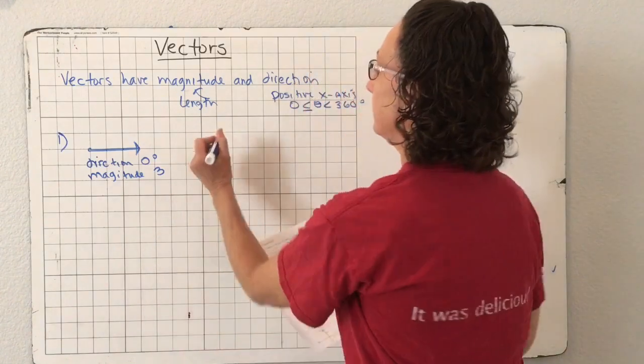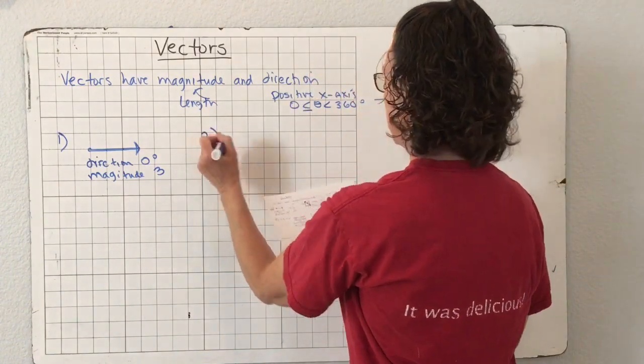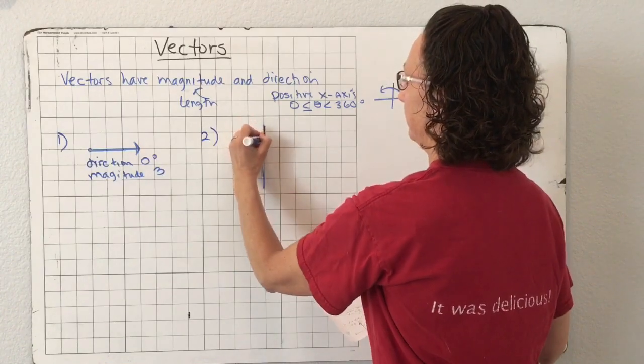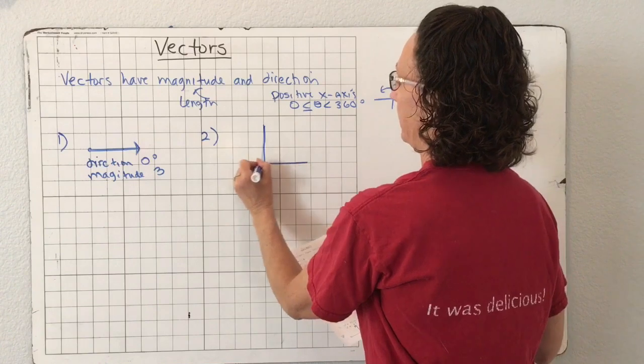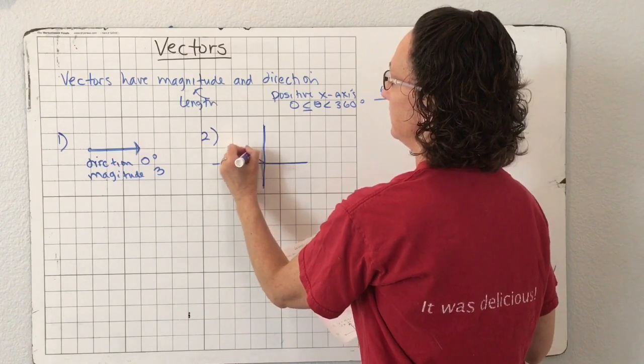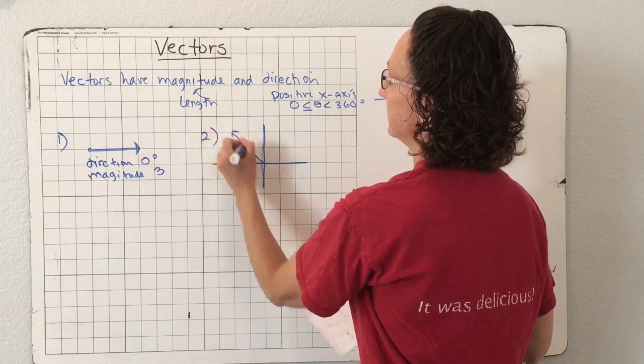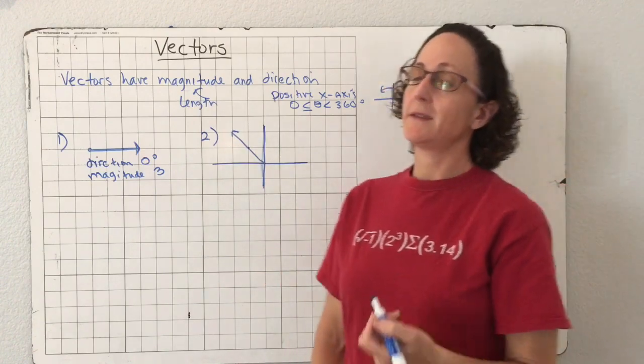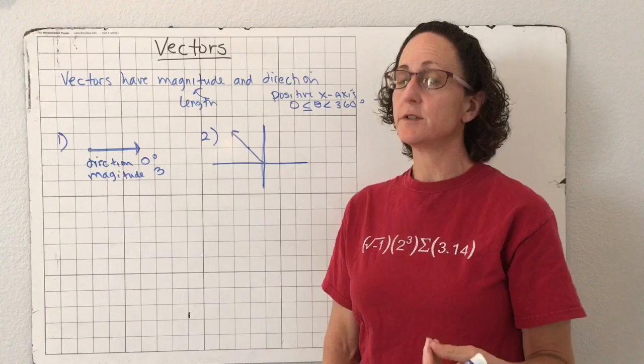All right, let's say we had this one. I want you guys to do a vector right in the middle like this. First of all, we want to think how long it is. You guys are going to use your geometry for this.